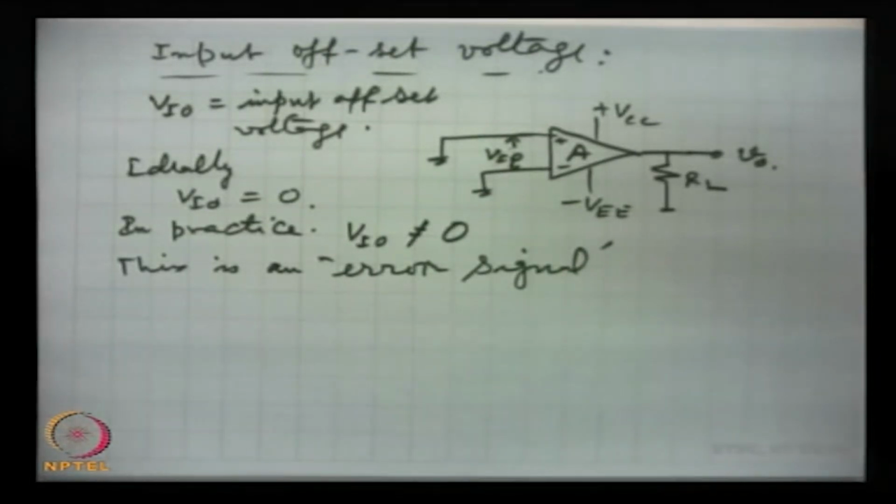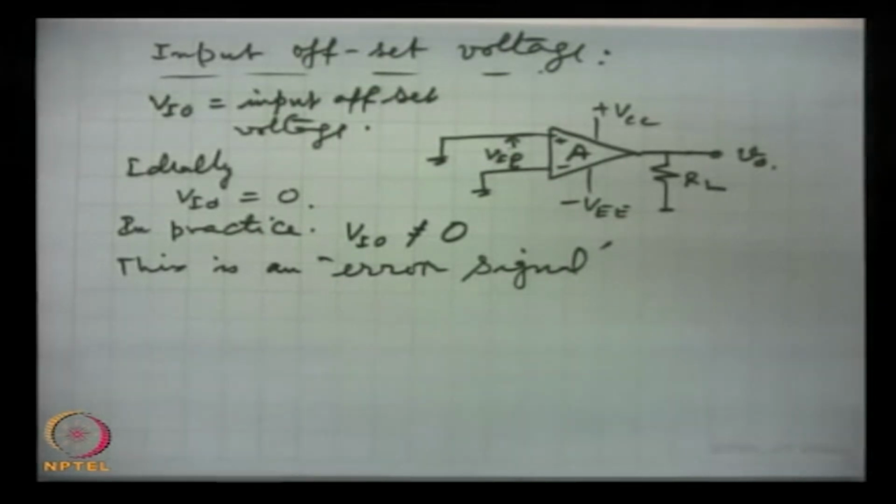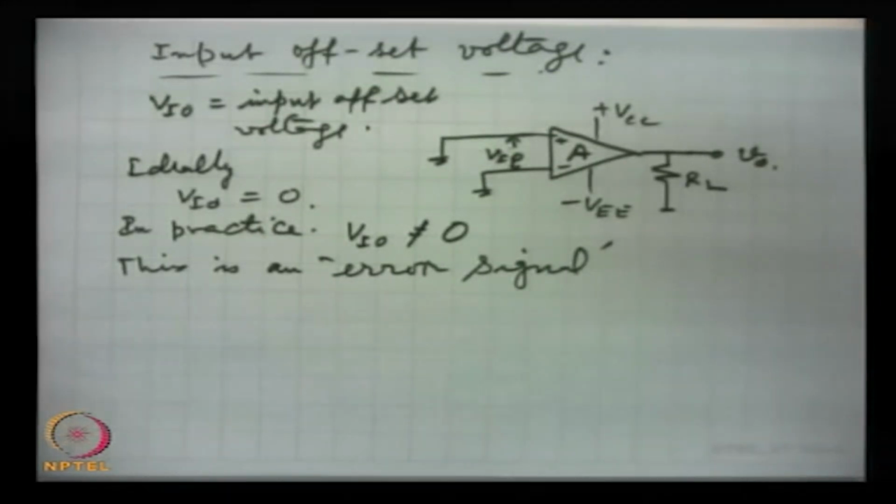And this is done with the help of the offset null pins which were available with the operational amplifier.